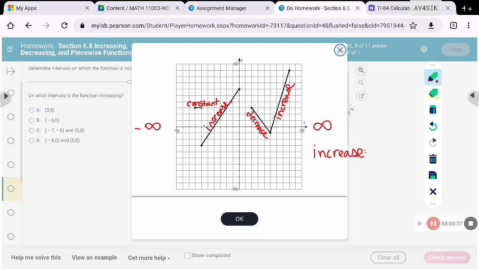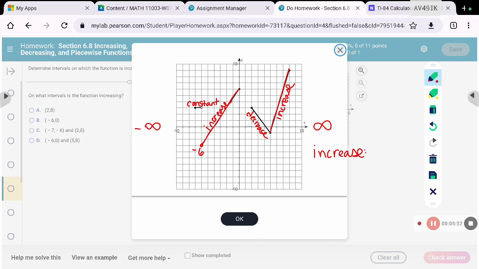So on this one, when I'm asked to label the increasing sections, there's actually two of them. I'm talking about this section and this section. Now, remember, what I want to do is use x coordinates. So the x coordinate of this point right here, where it starts that increase, will be negative 6.